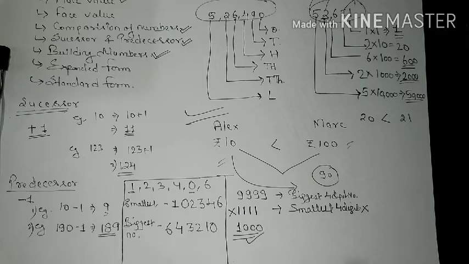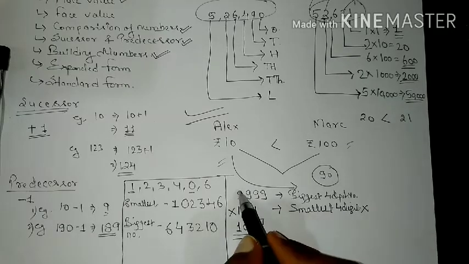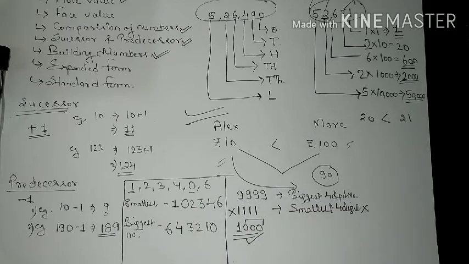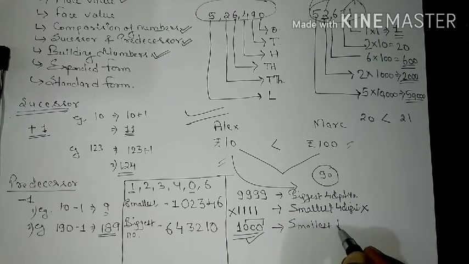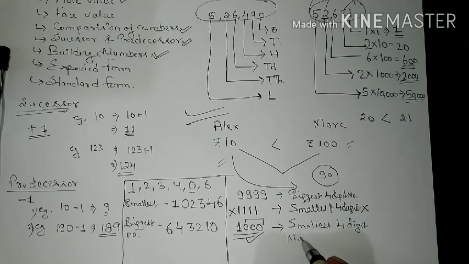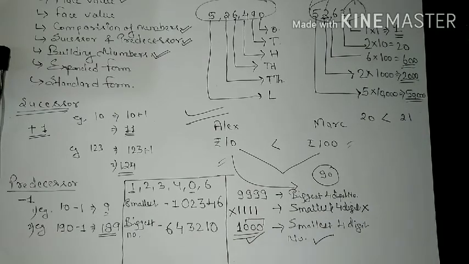But remember, repetition is allowed, and we are repeating these 3 zeros, and there we were repeating the 9. I hope now you all must be clear about this. So this is the smallest 4-digit number.